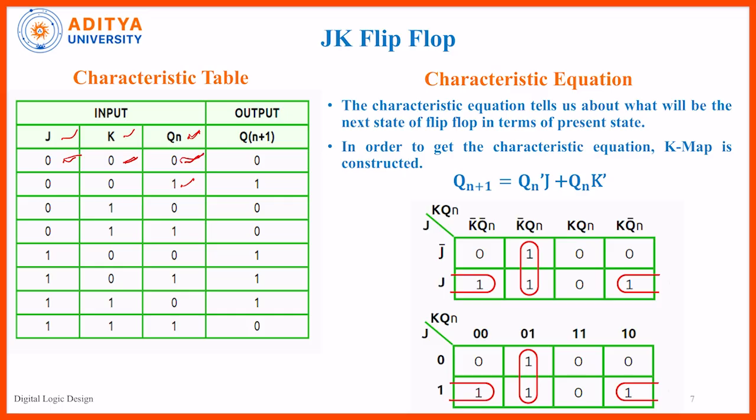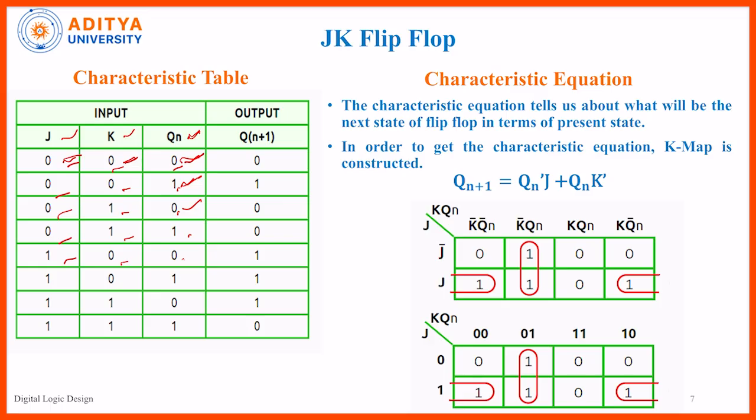Again we get a total of 8 combinations. So for the total 8 combinations we simply follow the binary: 0 0 0, 0 0 1, 0 1 0, 0 1 1, 1 0 0, 1 0 1, 1 1 0, 1 1 1. So it represents the binary.